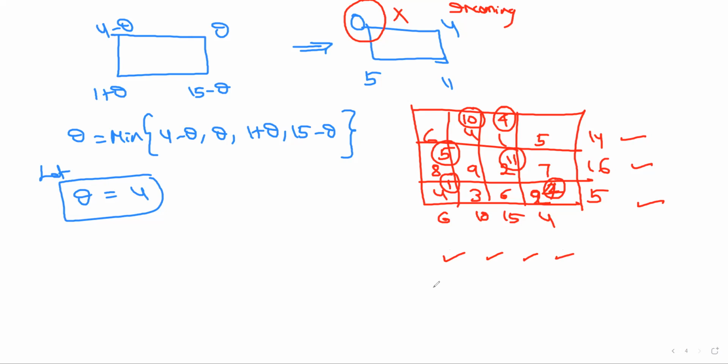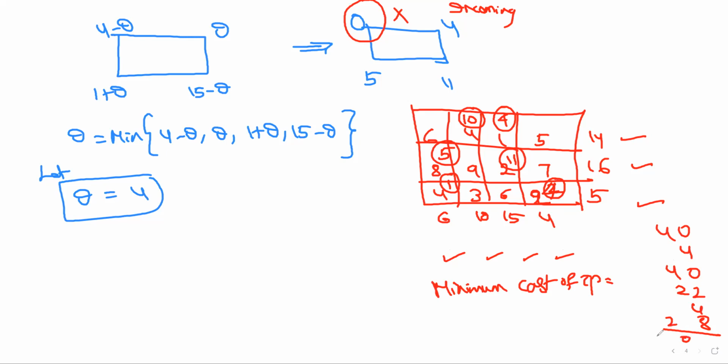Now again find the minimum cost of transportation. Minimum cost of transportation is equal to 4 10s are 40, 4 1s are 4, 8 5s are 40, 11 2s are 22, 4 1s are 4, and 2 4s are 8. At this one 12, 16, 22. We got 120 rupees.